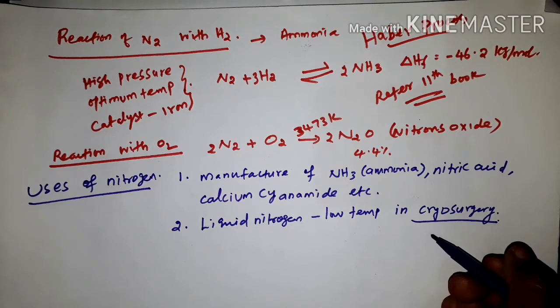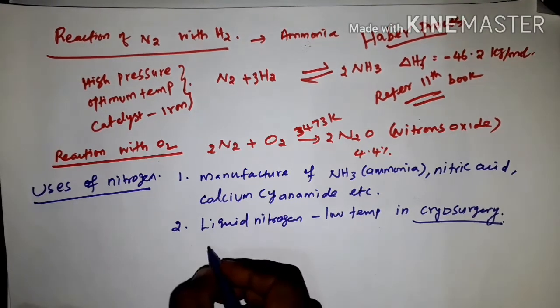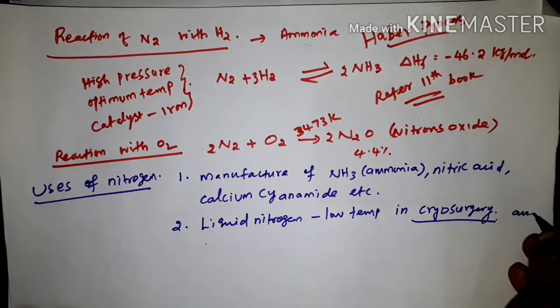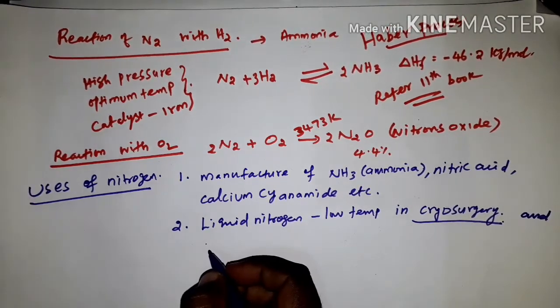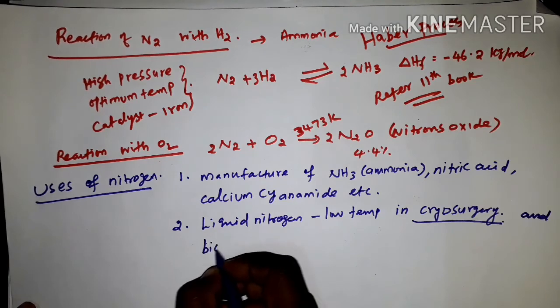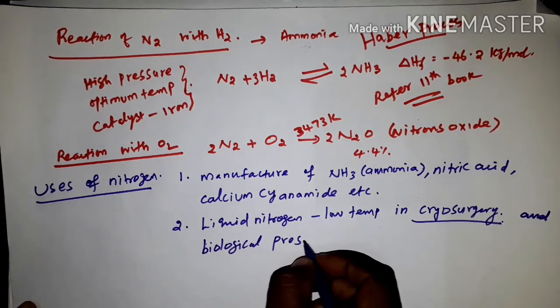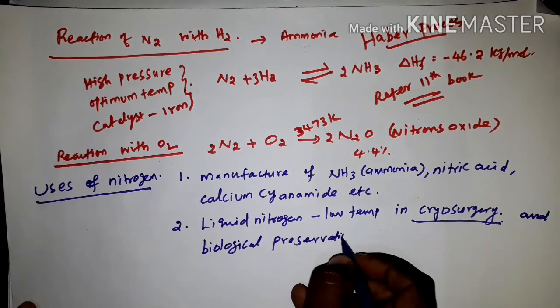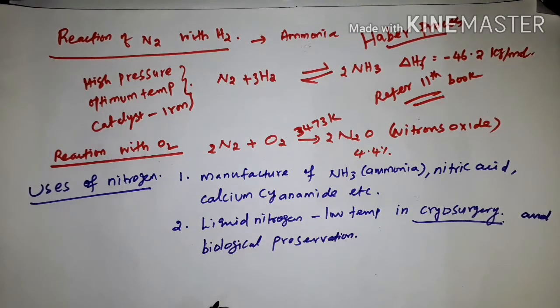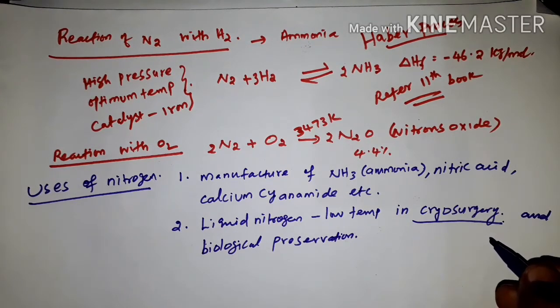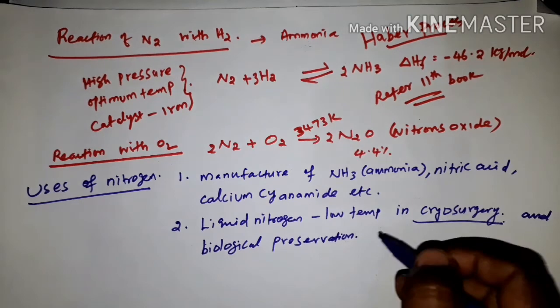Also this liquid nitrogen is used in biological preservation. So this liquid nitrogen is used for producing low temperature in cryosurgery and also used in biological preservation.